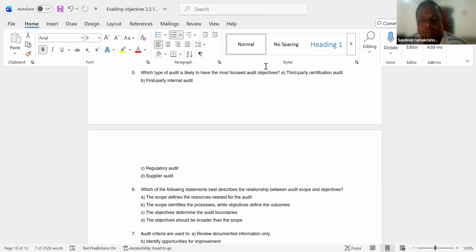Okay. Question 5. Welcome Anil Kumar Mohanty, Shashi Munir, Harish Kumar. So, which type of audit is likely to have the most focused audit objectives? Is it a third party, a first party, or a regulatory audit? A, third party.